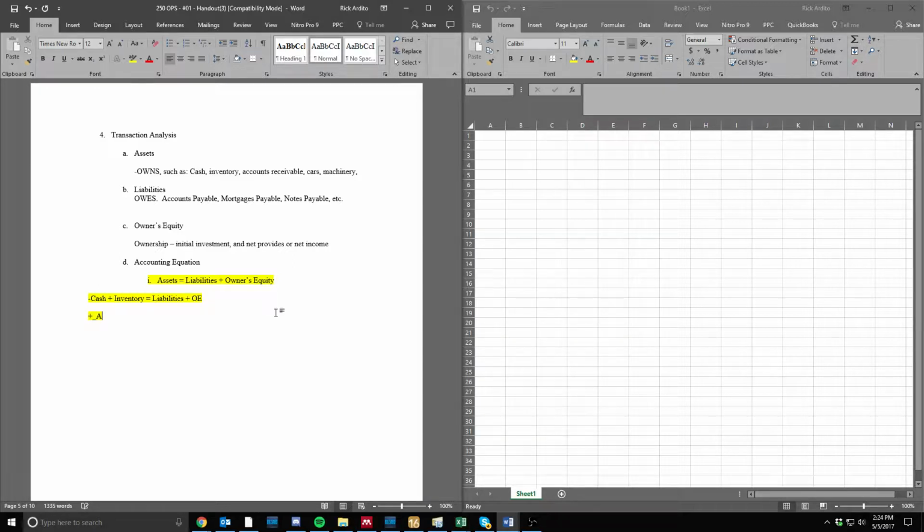So we add automobile, this is an asset, but we don't pay cash for it. We take a loan on that automobile, which is a liability. So we add to liability, or note payable, which is a type of liability. So we added something to each side of this equation. So we have to be careful to keep the accounting equation in balance whenever we're making entries.